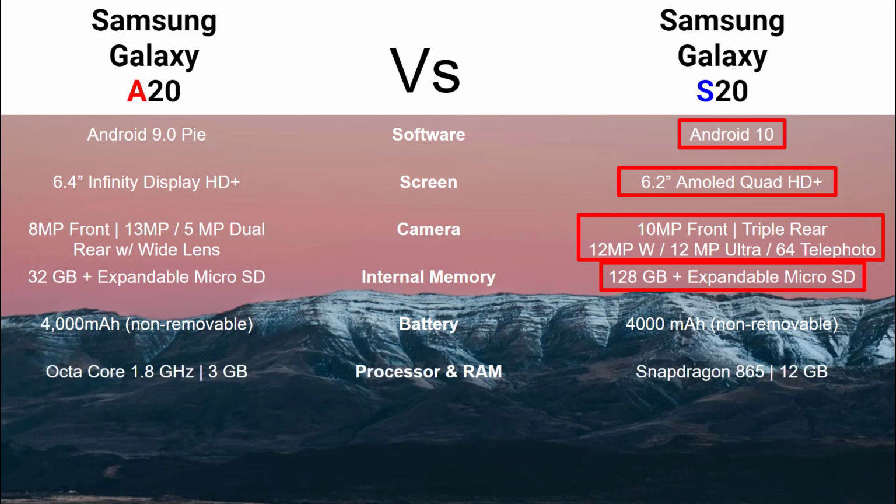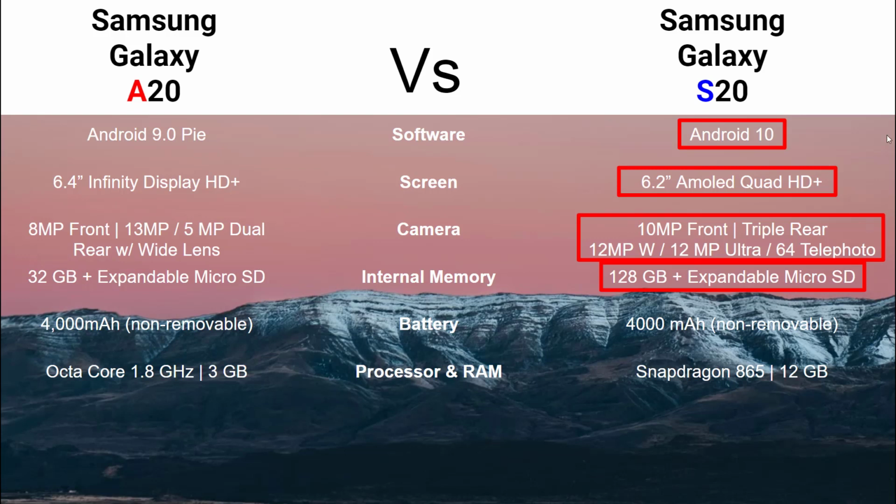In terms of processor, the A20 is going to have an octa-core processor, 1.8 gigahertz with 3 gigs of RAM.